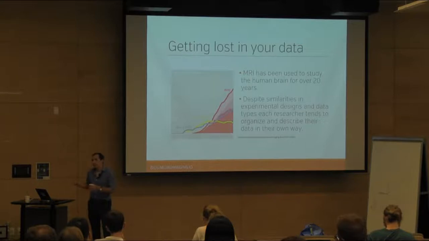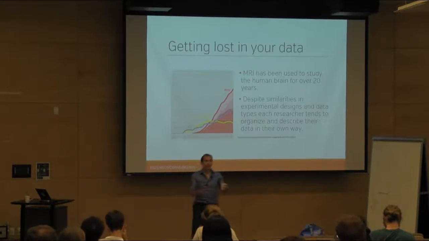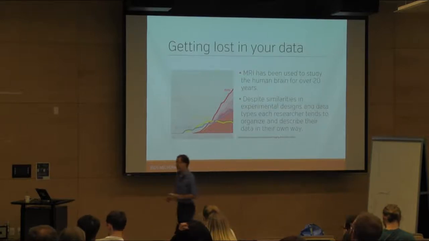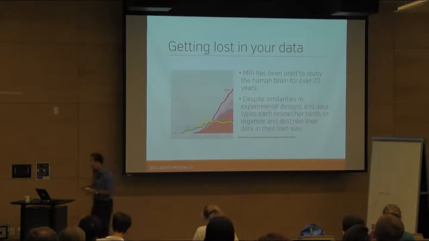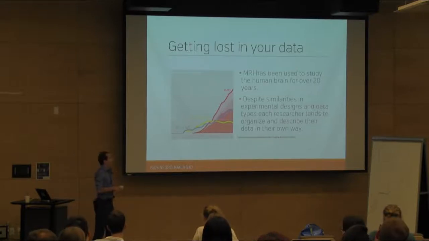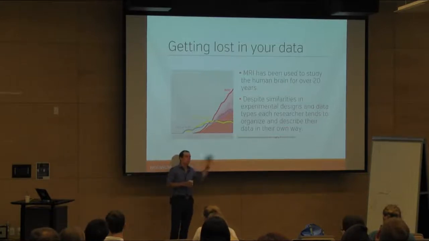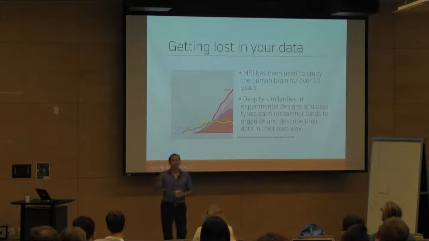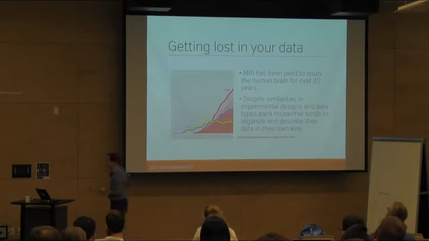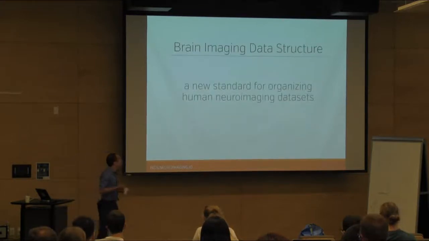And when you think about the restriction of doing an experiment inside an MR scanner, well, there's also a certain limit to what people can do in the scanner, so paradigms cannot be completely crazy. So that gives us initial hope, and I'm just going to make a disclaimer that the standard that we are working on has actually gone further than MR, and now we are supporting other types of neuroimaging data, but that was the initial impulse. So the standard itself is called Brain Imaging Data Structure.